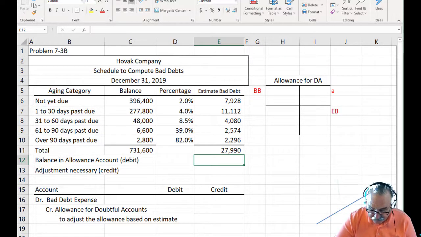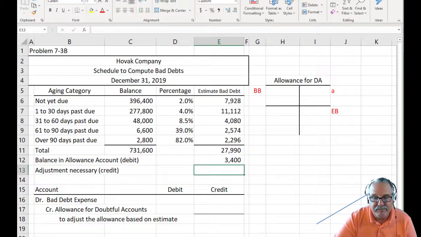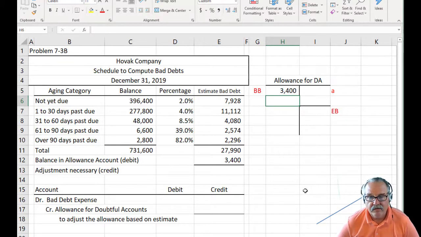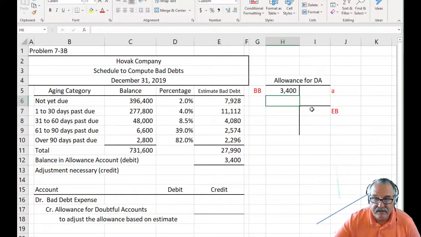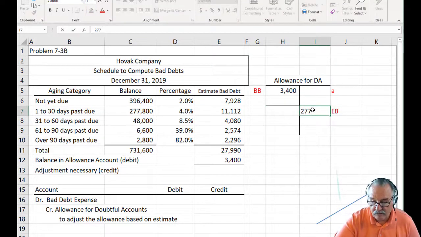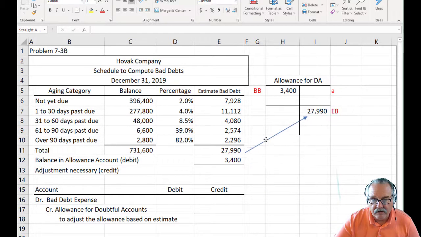And it said that the allowance for doubtful accounts had a $3,400 debit balance. In other words, this contra asset account had a debit balance of $3,400. It's supposed to have a credit balance, and we want the credit balance to be $27,990, which is what we calculated down here.